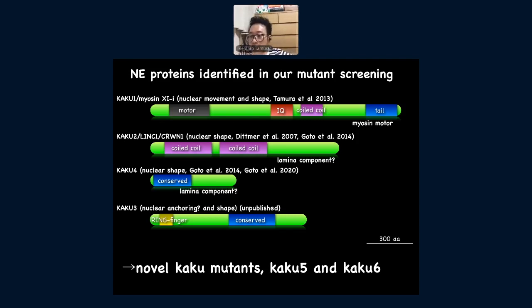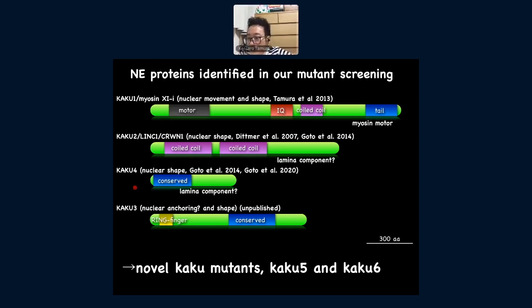These are proteins identified by our mutant screening. They are all localized in the nuclear envelope. Kaku1 is plant-specific myosin XI-I, and we found that this myosin controls nuclear movement and shape. Kaku2 is allelic to CRWN1, which is suggested to be a component of the plant lamin-like structure.